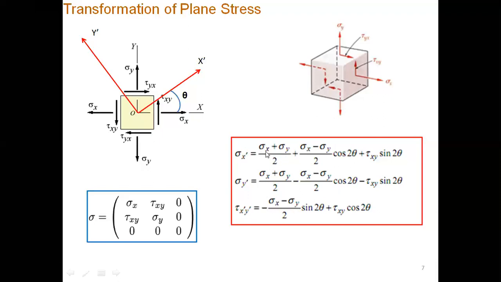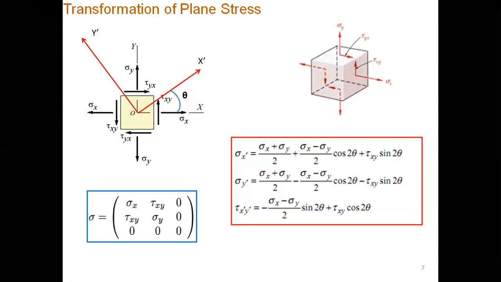So if you know the stress values in the XY coordinate frame, and the new frame is at an angle theta, then what would be sigma x prime, sigma y prime, and tau x prime y prime? In terms of the known values of stresses and the known angle to which the frame has been rotated.